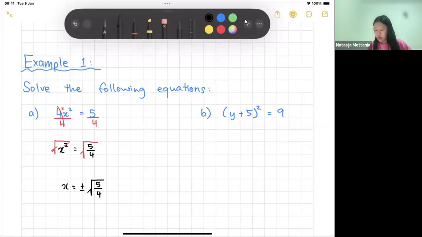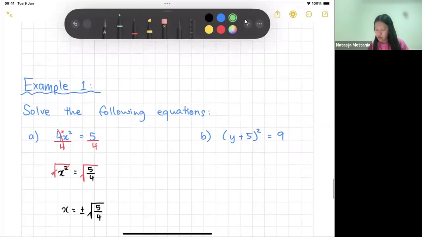The reason being is the following. Let's say, for example, I had 9 times 9. 9 times 9 gives me positive 81. Now, if I were to do negative 9 times negative 9, that also gives me positive 81.